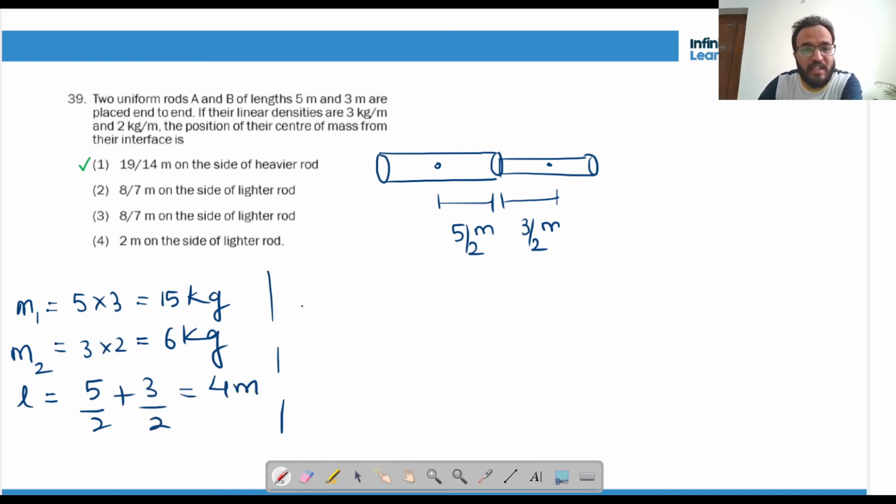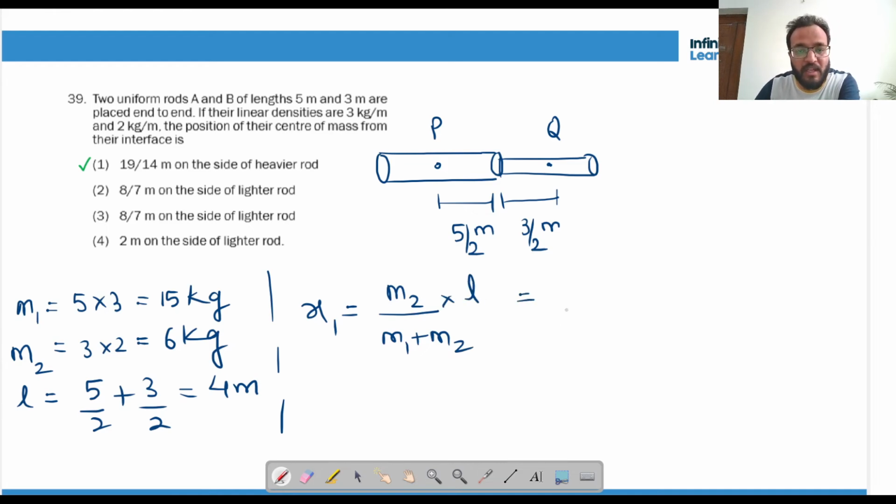Okay, so we know what is x1, that is the distance from this point P, and this is point Q. So obviously x1 will be M2 upon M1 plus M2 into L. So let's find out this. X1 is the distance from this. Okay, so M2 is 6 upon 15 plus 6, that is 21, into overall length 4. Overall length is 4, right?